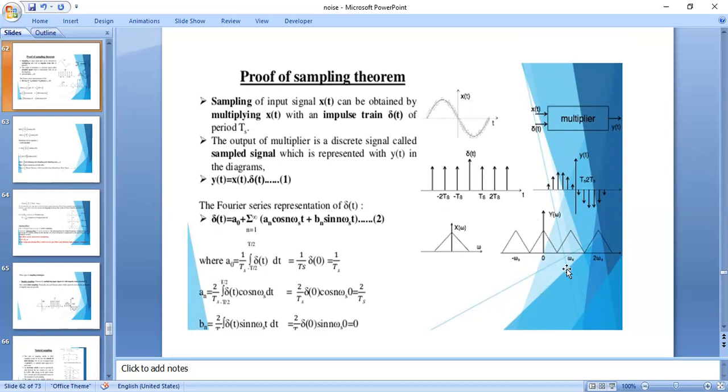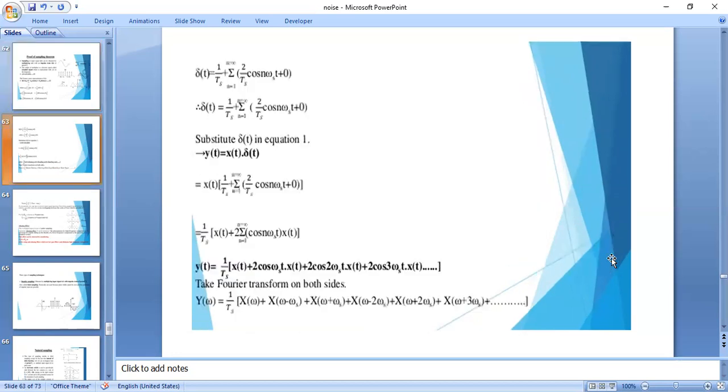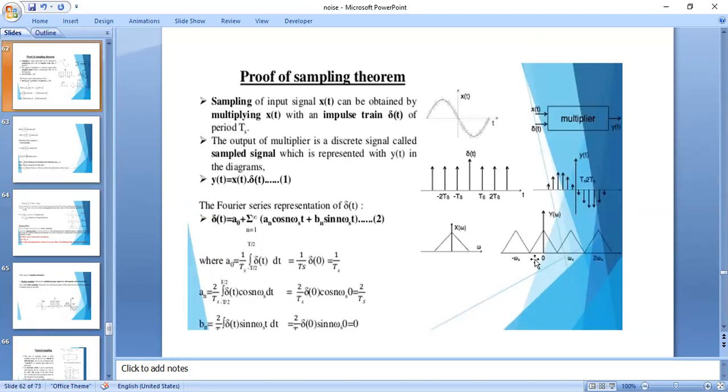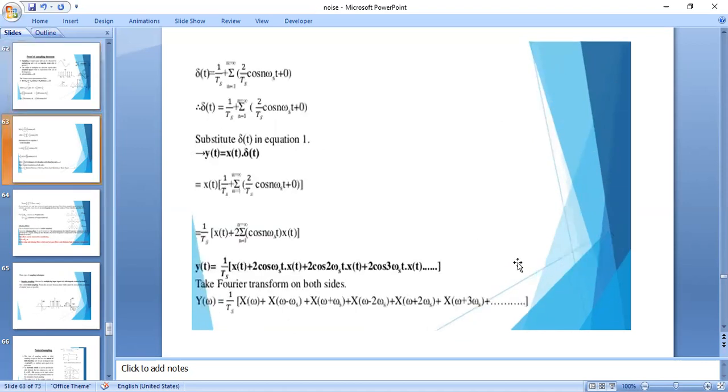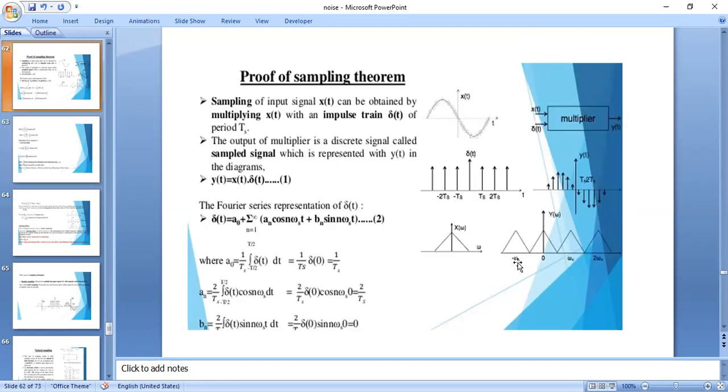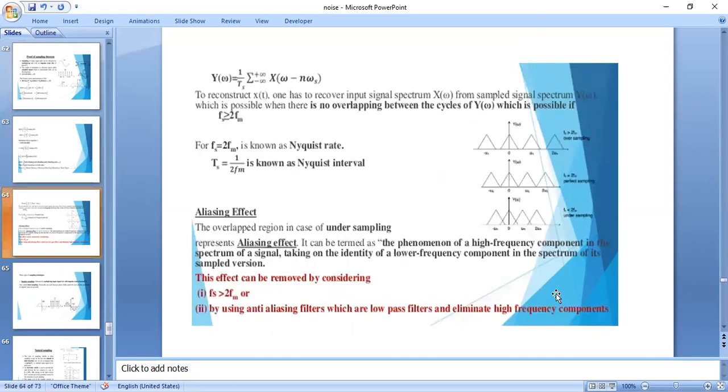And this is y of omega, which you can obtain from y of t in the time domain by applying the Fourier transform. We have the frequencies 0, omega s, 2 omega s, minus omega s, and so on. This is the sampled or discrete time signal converted to the frequency domain. So this is nothing but the sampling theorem.